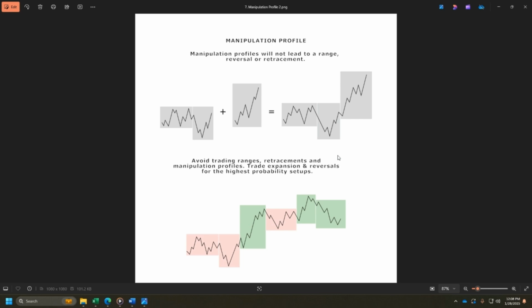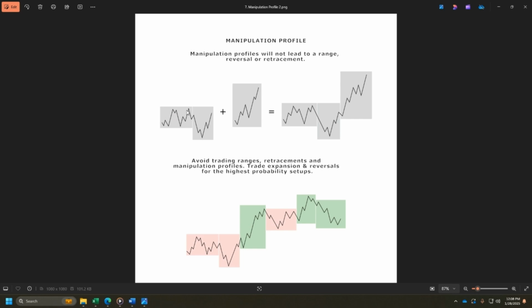This whole chapter is really just an introduction to market profiles in general. But if we're looking at specifically just manipulation profiles for now, this is the logic behind the concept.